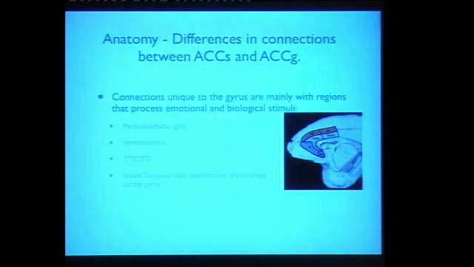And the gyrus, by contrast, has many connections that the sulcus does not have, and these connections predominantly are to regions that deal with stimuli that might be emotional or social in nature. So all these regions here have been hypothesized to code social information or information about expected pain or emotions.